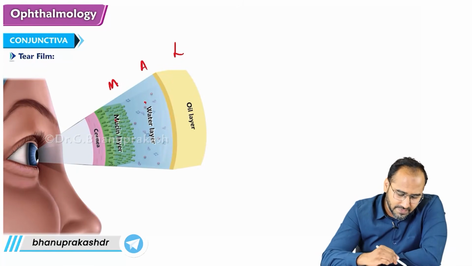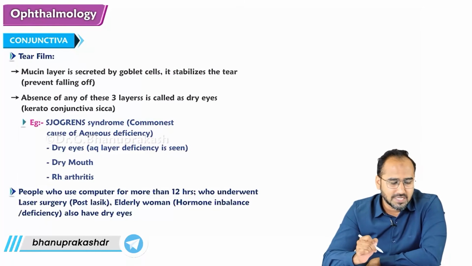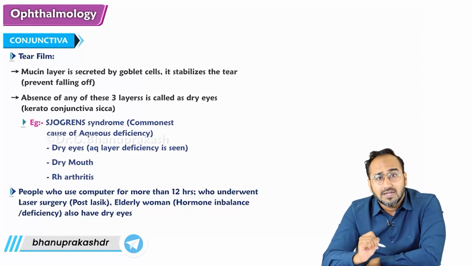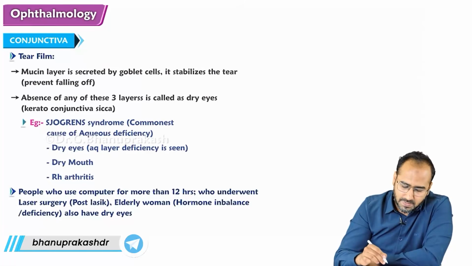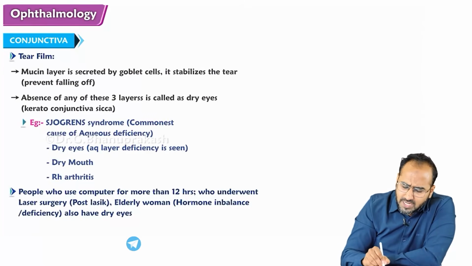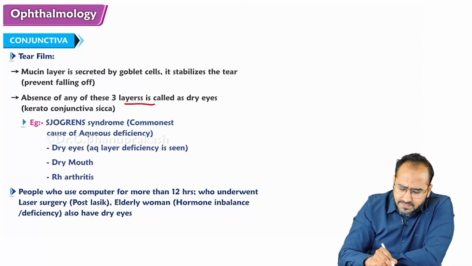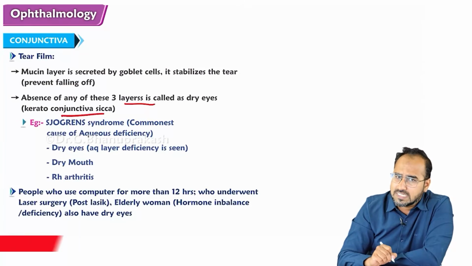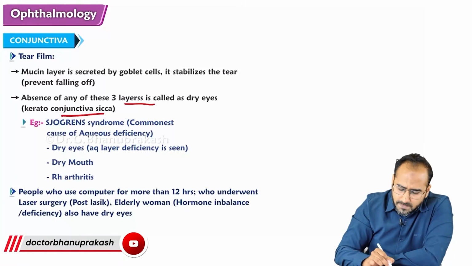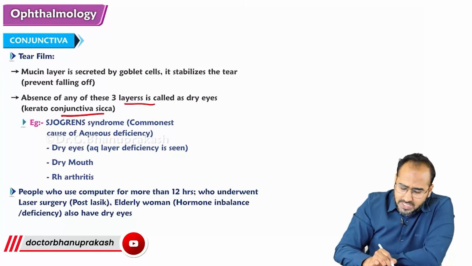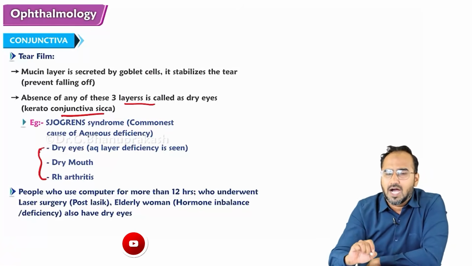If the patient is suffering with Sjogren's syndrome, the patient might have dry eyes, right? Absence of any of these 3 layers is called dry eyes, which is called keratoconjunctivitis sicca. The 3 things seen in Sjogren's syndrome are dry eyes, dry mouth and rheumatoid arthritis.